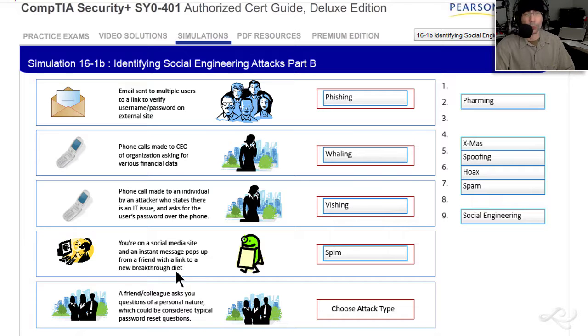In this case, a new breakthrough diet. You probably won't be interested, and so you usually close these things. It's that type of advertising that you usually don't want to deal with, and you probably want to block it. You could do that in most browsers. So with social media, it'll be spam, and with email, it would be spam.